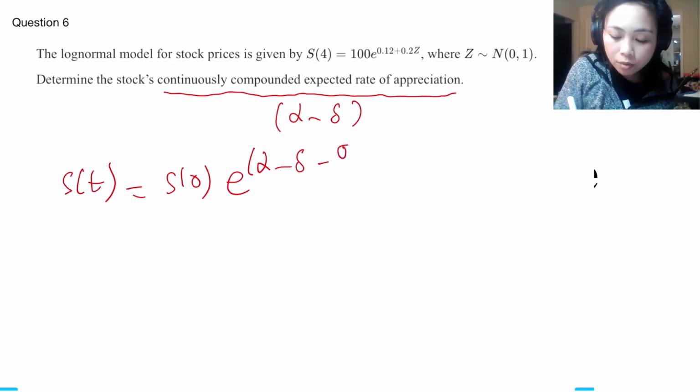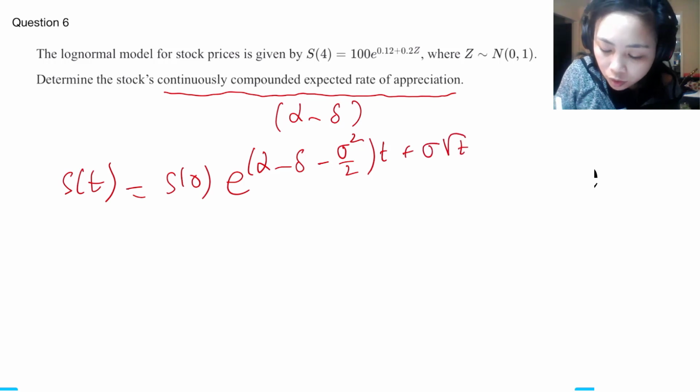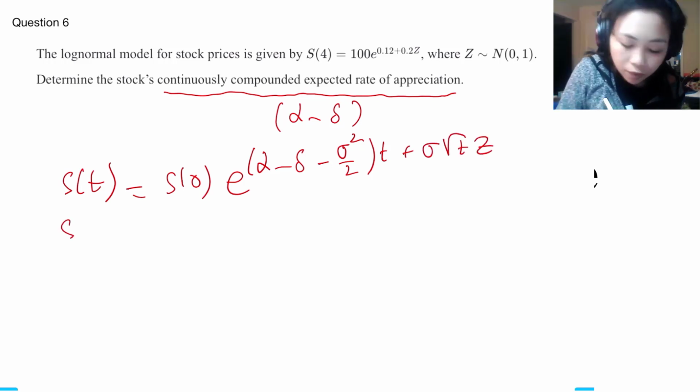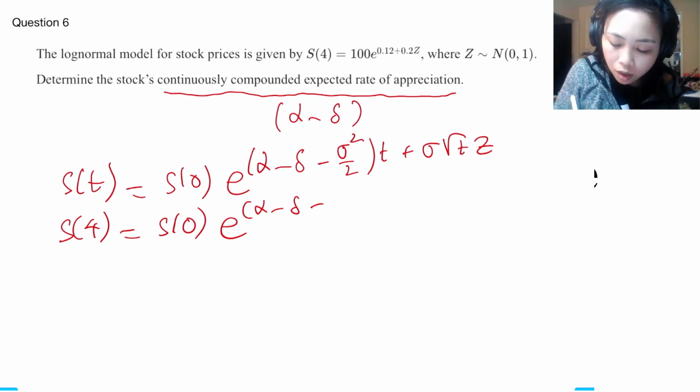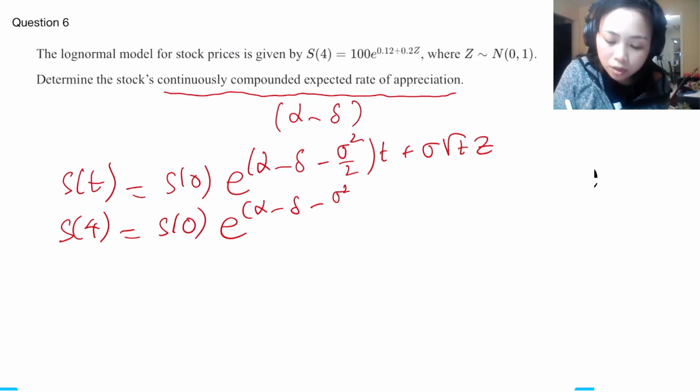If we match the two equations for S of 4, we get 0.2 equal to 2 sigma, leading to sigma is 0.1, and alpha minus delta minus sigma square half is equal to 0.03.